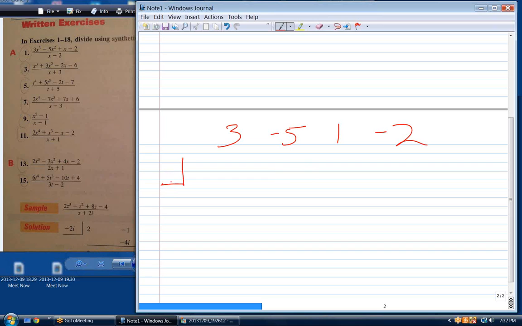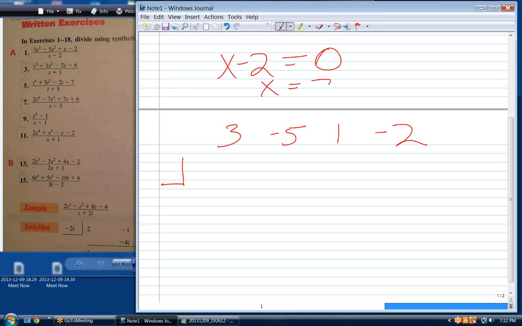What goes in the half square? Yeah, that's what I was confused about. I don't know where you got that. It's the solution to this linear factor. In other words, x minus 2 equals 0, so x equals 2.